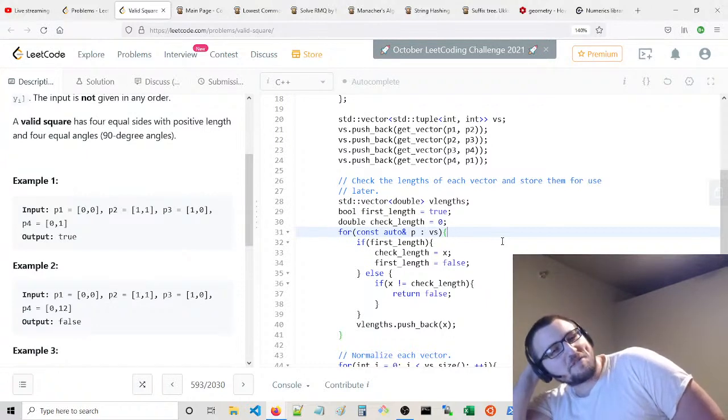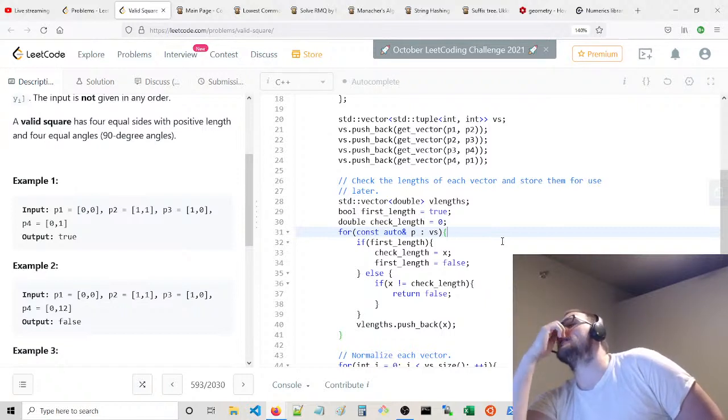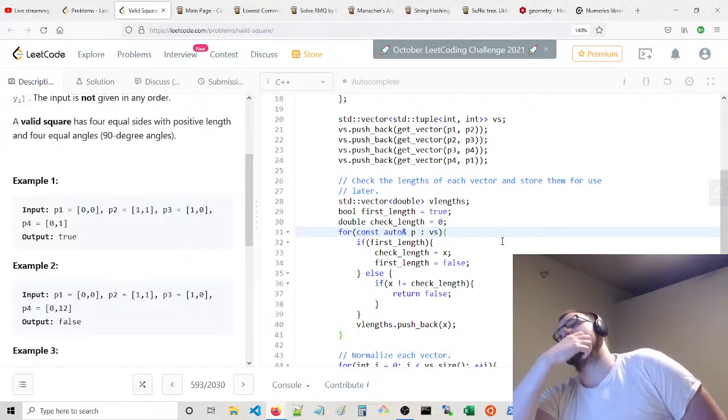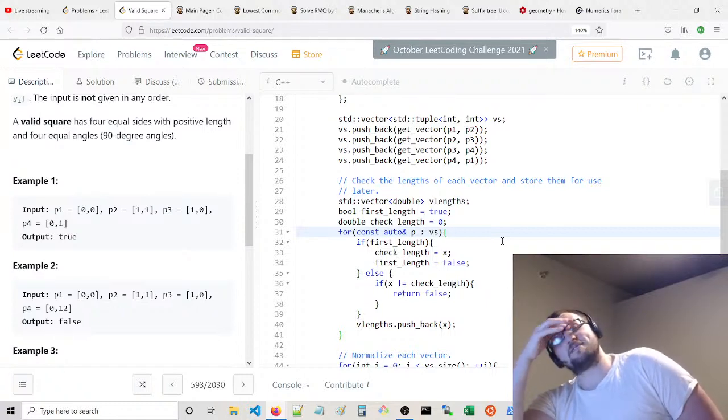Oh no! How are we supposed to do this? Got to make a convex hull of these points, and then check that the convex hull is a square. That's pretty much what we've got to do here.